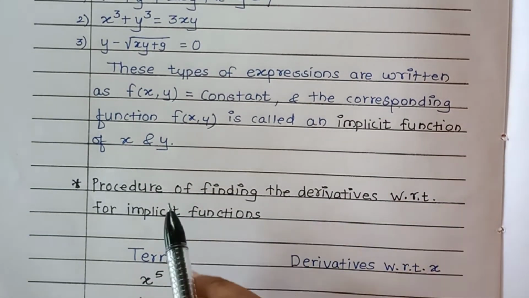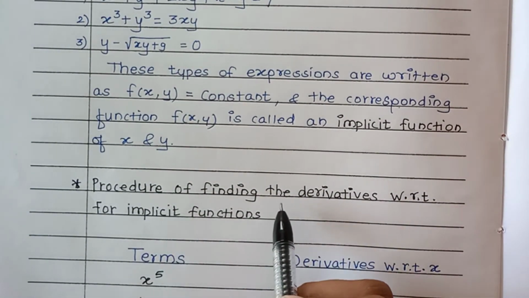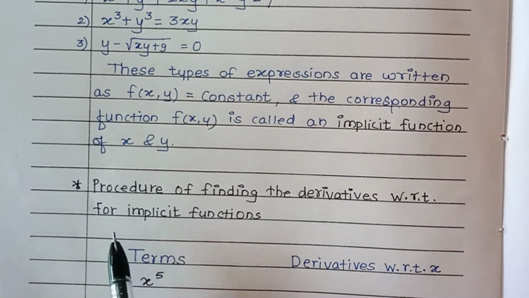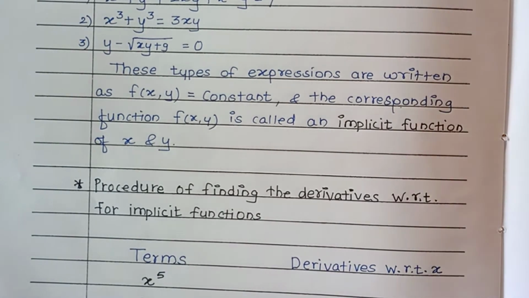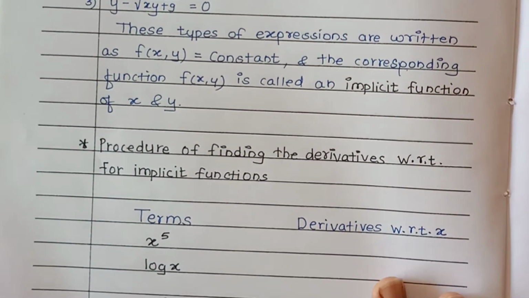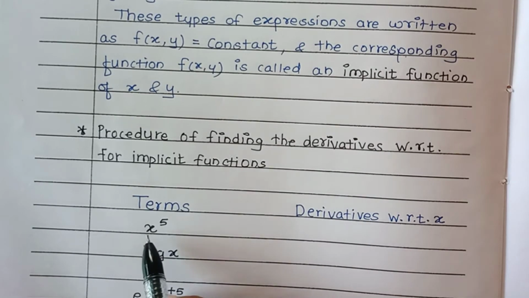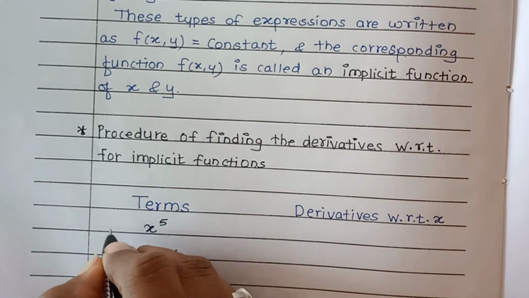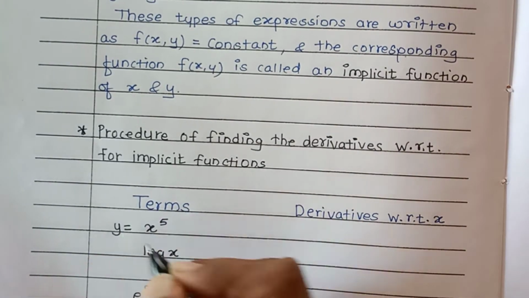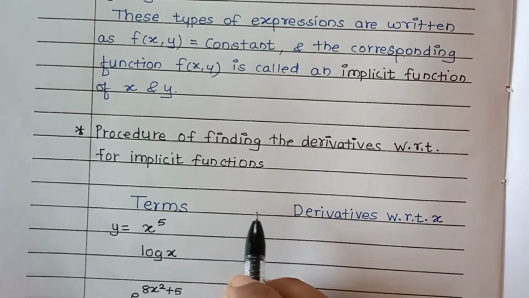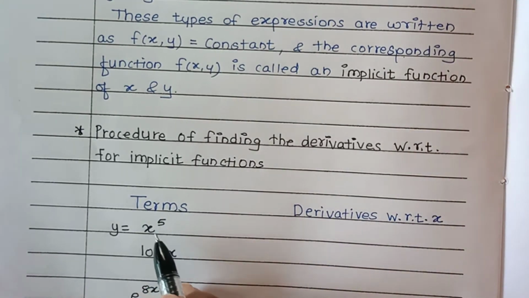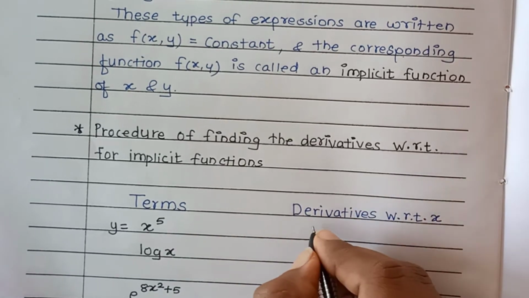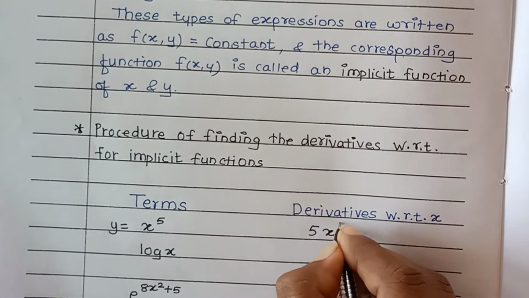So let us see the procedure of finding the derivatives with respect to x for the implicit function. See, I have considered here some terms. The first term is x raised to 5. So we can consider this as y is equal to x raised to 5. And if you differentiate this equation with respect to x, then it will be 5x raised to 4.